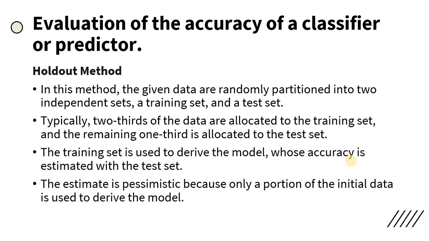In the training set we take most of the portion and a small portion as the test set. Suppose we take 75% of data as the training set and 25% as the test set. Typically two-thirds of the data are allocated to the training set, and the remaining one-third is allocated to the test set.